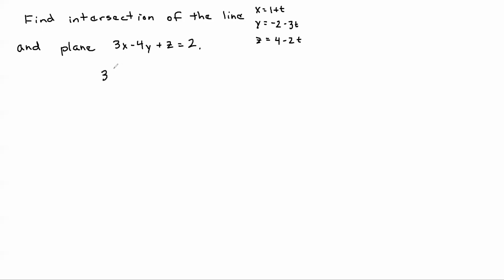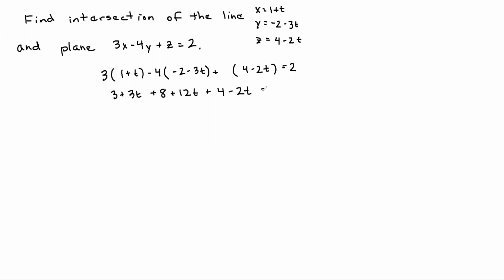So let's go through and do that. All right, so we're going to have 3, and then x is 1 plus t, so plug that in, minus 4, and then z times 4 minus 2t equals 2, and that's going to get us 3 plus 3t, 8 plus 12t, and then 4 minus 2t equals 2.